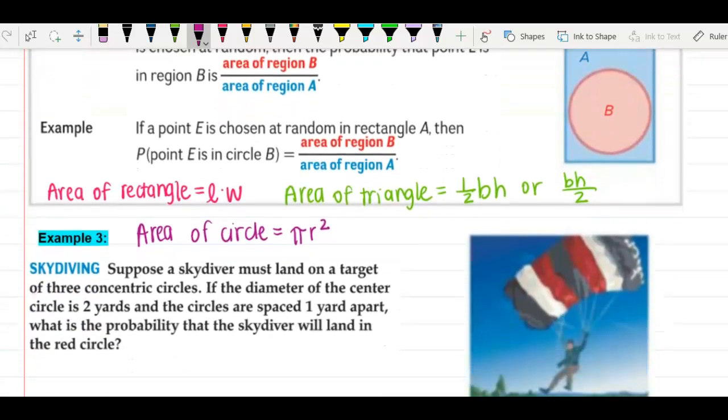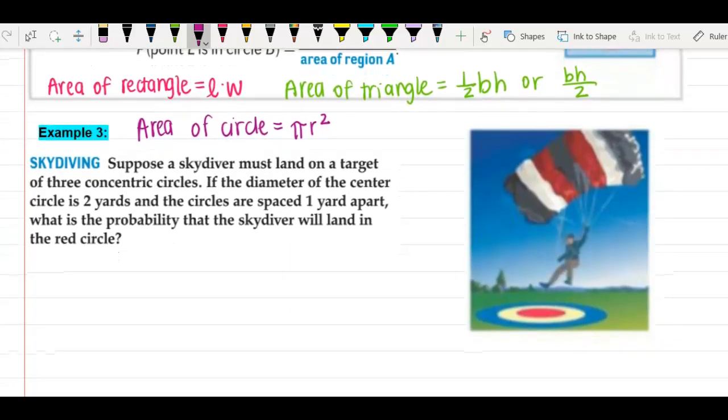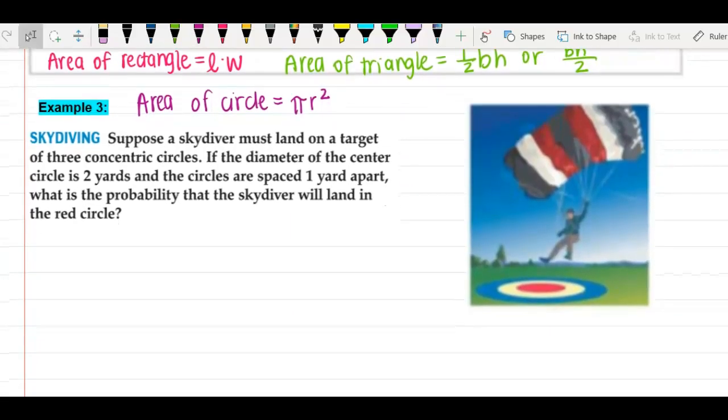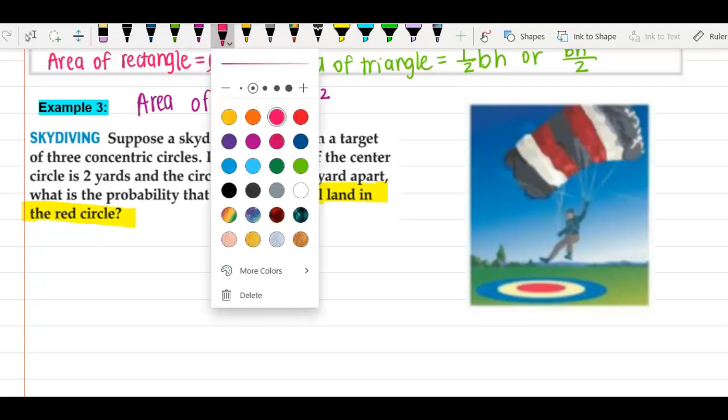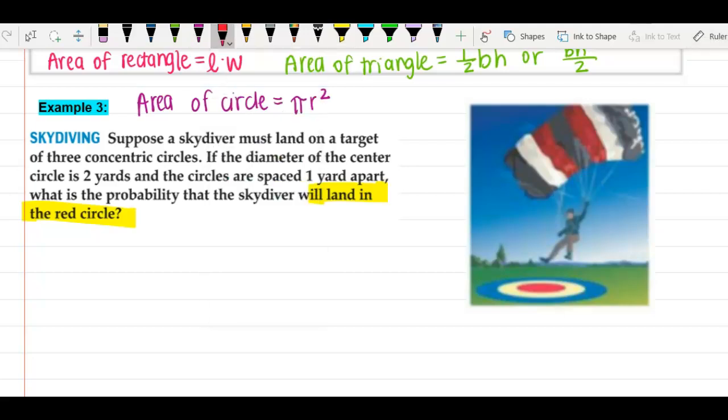So in this next example, we have a skydiver, and he is falling to the ground, and he wants to land on this target. Okay, we know that he's going to land on the target, but we specifically want him to land in the red circle. So let's draw this picture for ourselves so we can get a better idea of what it looks like.